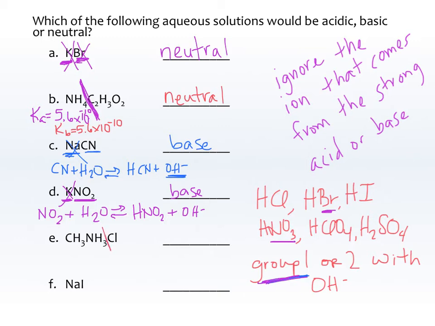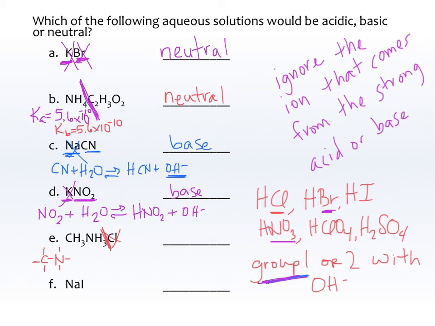Next one's CH3NH3Cl. Notice the Cl comes from HCl, so the Cl you can ignore. All I care about is the CH3NH3. All right, well, there's no places on this compound to take a hydrogen. There's nowhere to fit it.